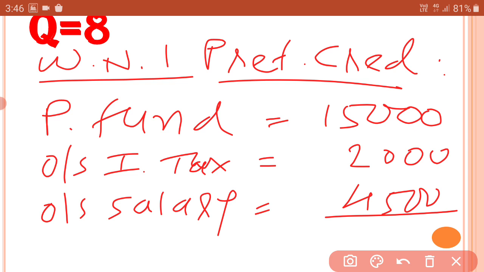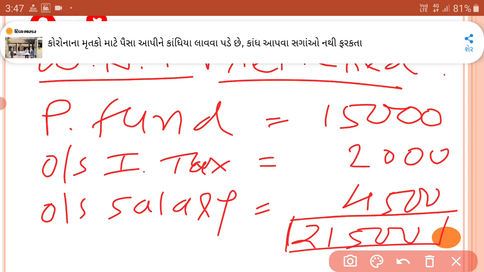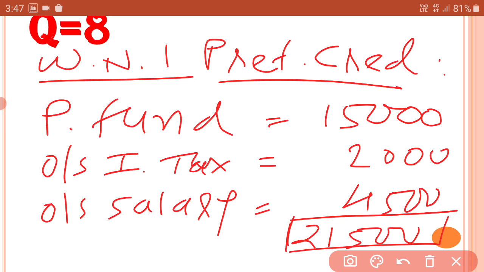All of you know the rule: actual salary, 4-month salary, and 20,000. There are 3 different figures, and whichever is the least, we include in the preferential creditors. Now the total of these figures is 21,500. It's preferential creditors, 21,500. Done.